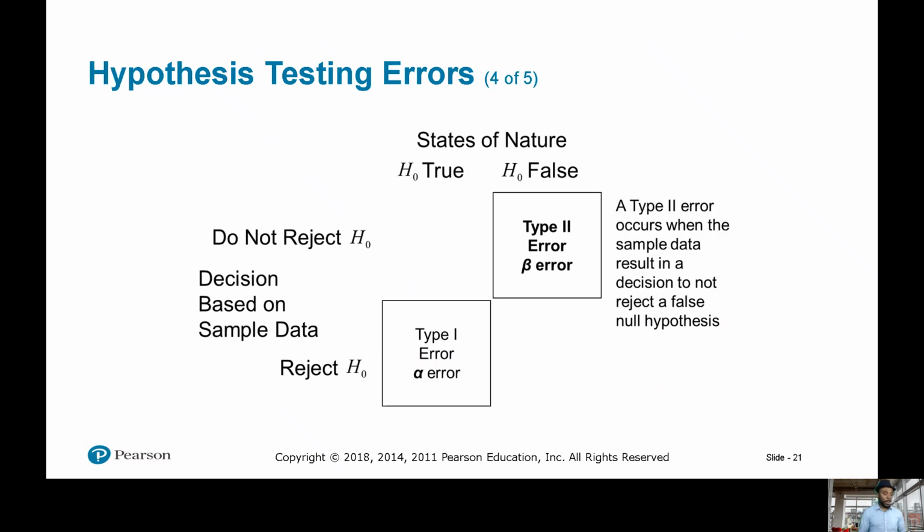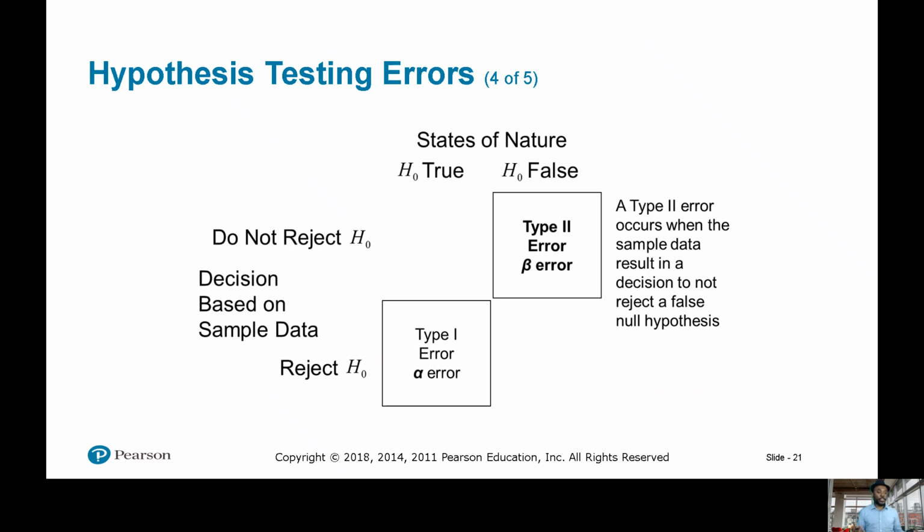The second type of error, the type 2 error, occurs when the sample data results in a decision to not reject a false null hypothesis. So a type 2 error is not rejecting the null hypothesis when you should.